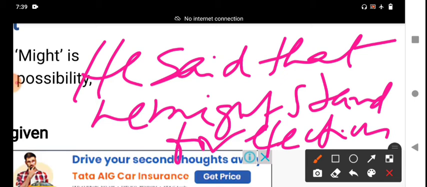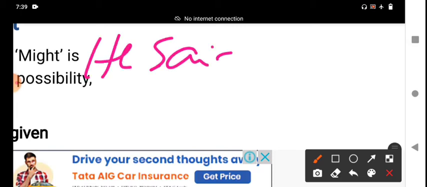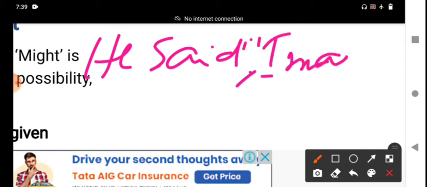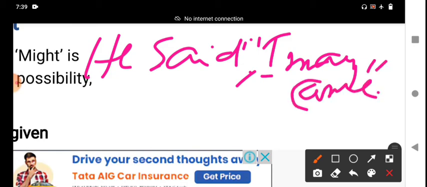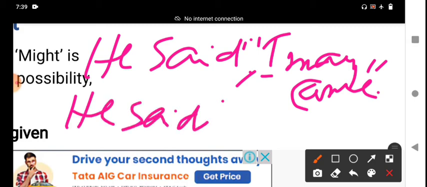One more example, I will clarify your doubts. He said, I may come. Simple example, I read, there is no space here. He said, quotation starts, I may come. It is a direct speech. He said that, because it is an assertive sentence, we take that conjunction.